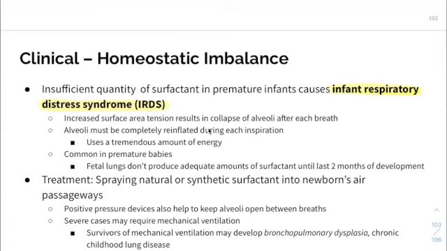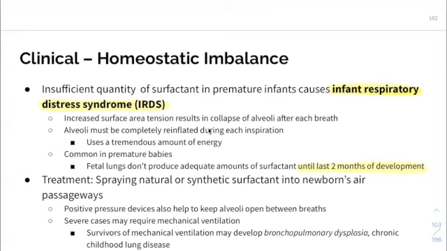It makes it hard for the babies to breathe because every time they breathe, they have to reinflate their alveoli. That takes a lot of energy. If babies are born more than 2 months early, they're not producing the surfactant they need. It doesn't start producing until their last 2 months of development.